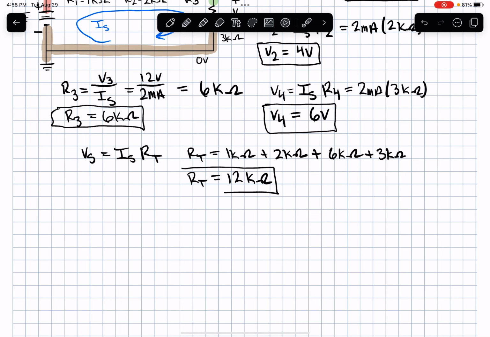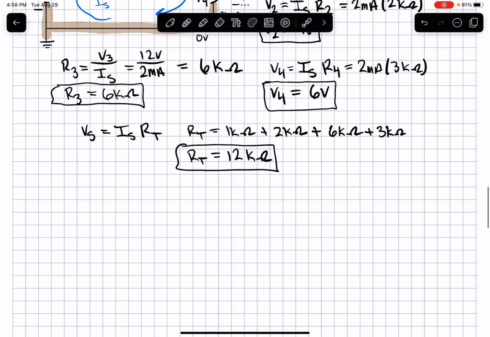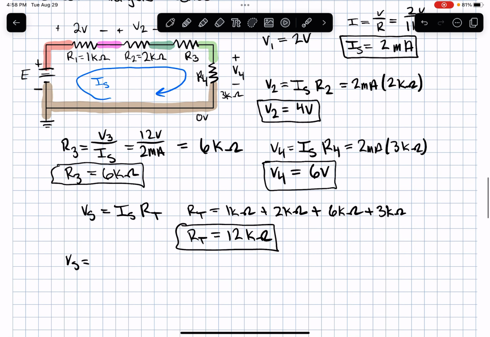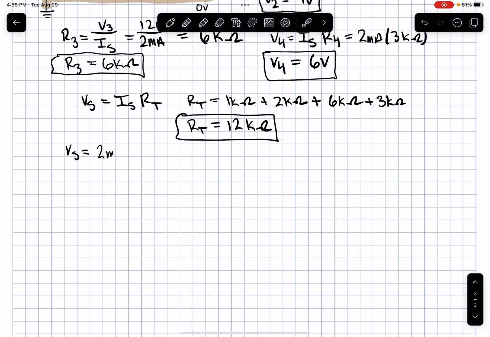It looks to me like this V source is going to be 24, but let's find out. V source equals I source, 2 milliamps, times total resistance, 12 kilo ohms, and that's going to be 2 times 12 is 24. Milli, kilo cancel out.